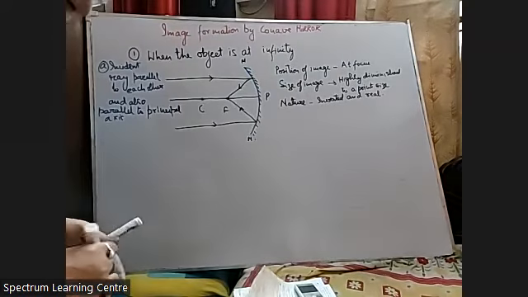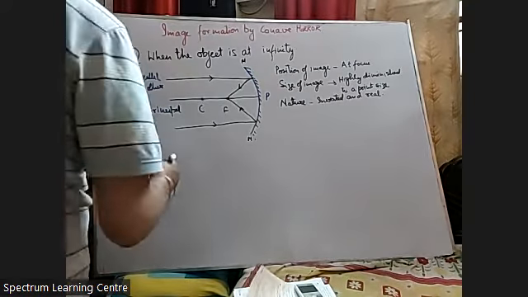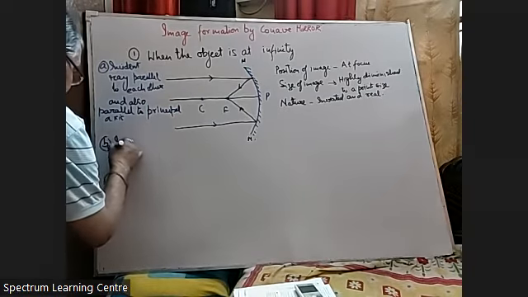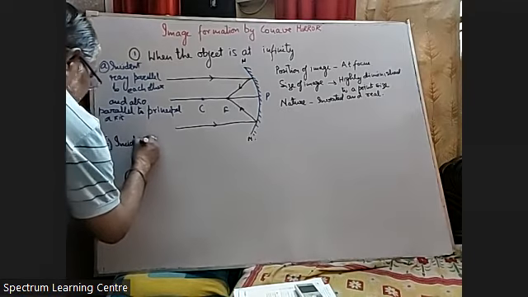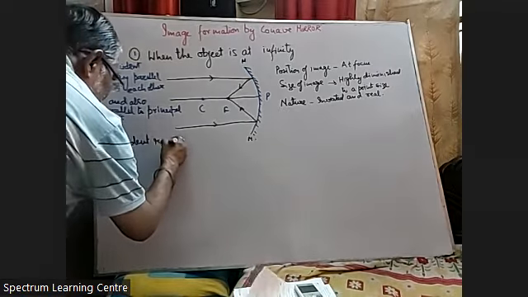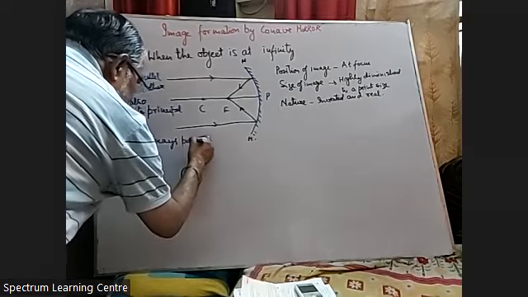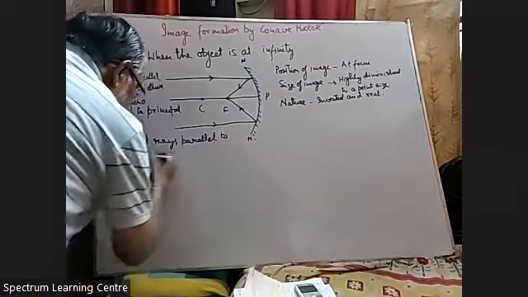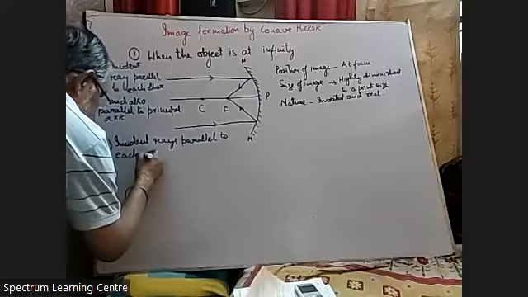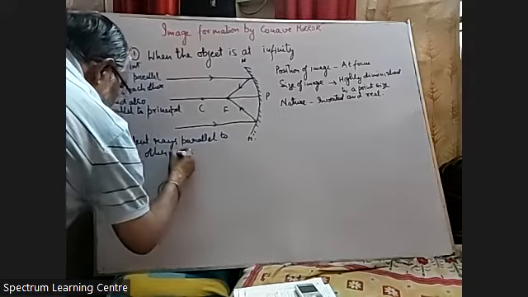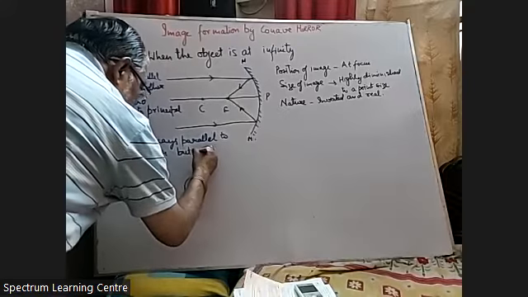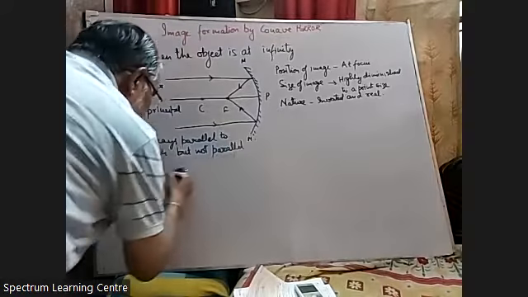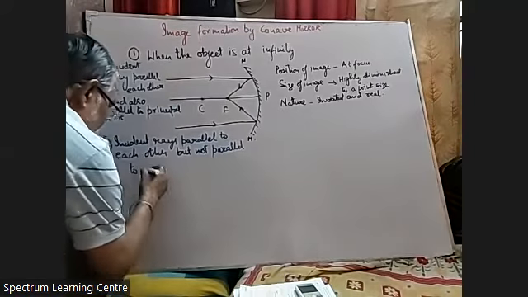Now case B, which is not there in your book. Incident rays parallel to each other, but not parallel to principal axis.